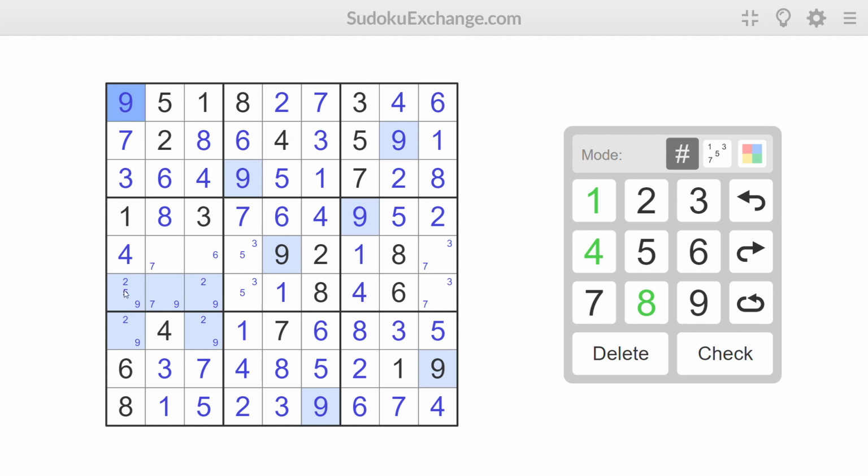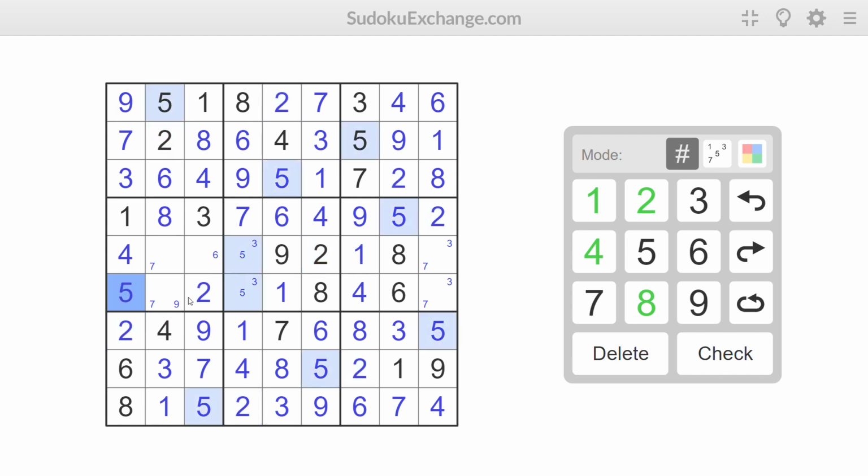Because of this 9, let's eliminate these two 9s from here. Now we're left with only a 2 here. Let's put a 2 here, a 9 here. Eliminate this 9, so we're left with only 2. Let's eliminate this 2. We're left with 5.